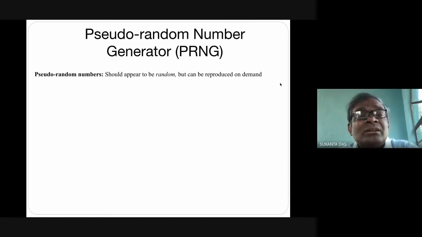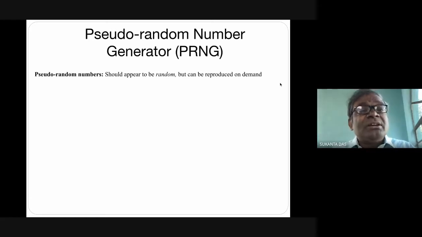Since it is an algorithm, it cannot generate random numbers. What is the meaning of random numbers? Random numbers are those where two numbers are not correlated; you cannot find any correlation, so from one number you cannot say which number will be produced next.